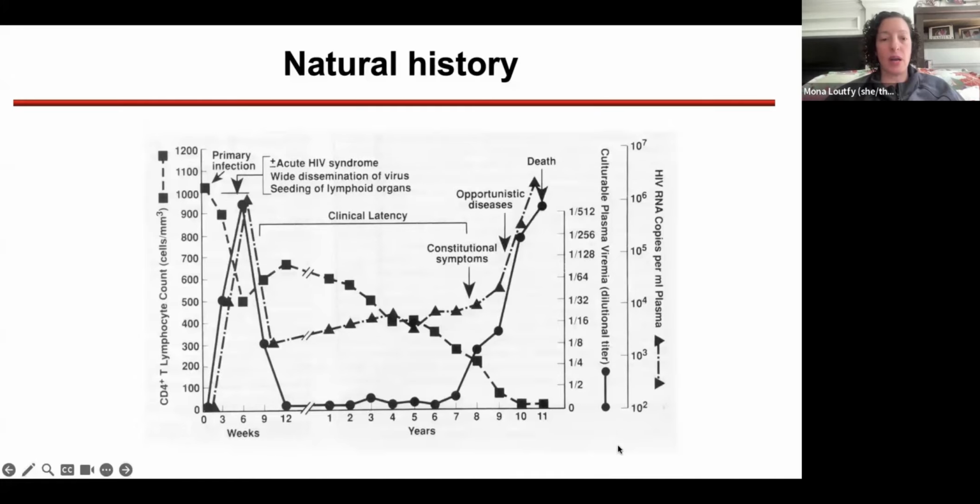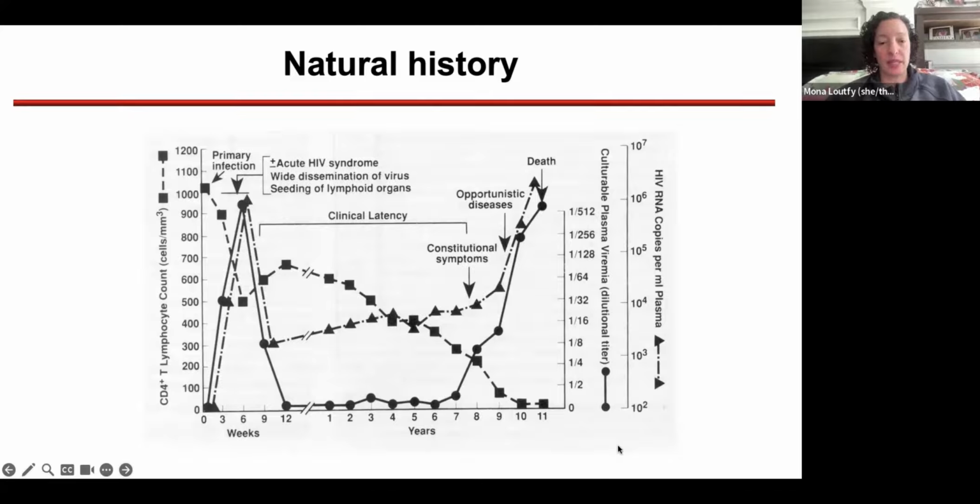So you can see there at about week 7, 8, the cytotoxic T cells are activated and they're suppressing the viral load. So the actual person's body is able to suppress the viral load and control the virus.